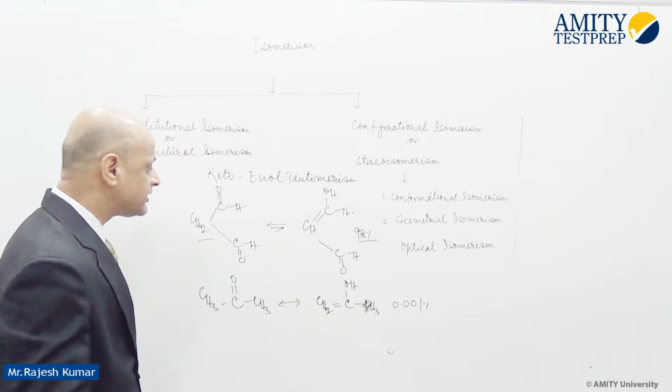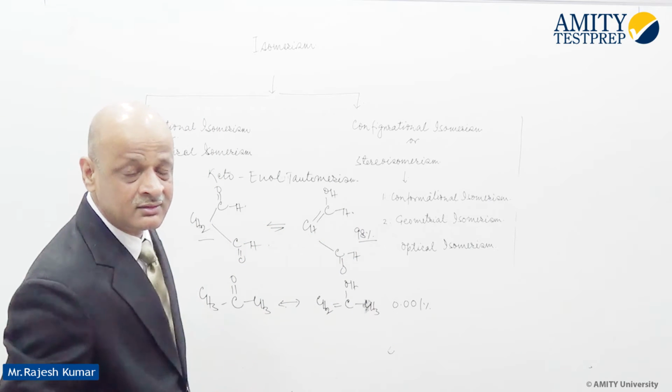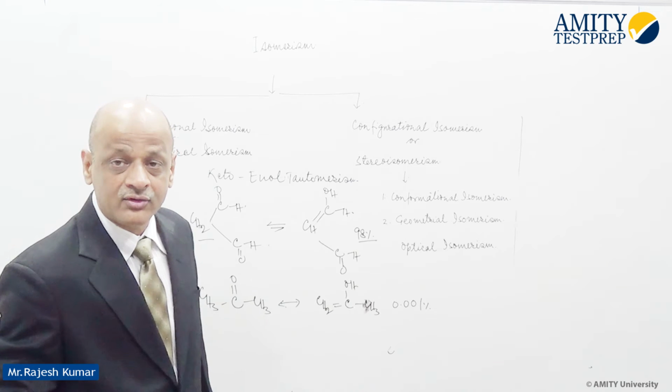Another factor that is responsible for the stability of keto-enol tautomerism is intramolecular hydrogen bonding.